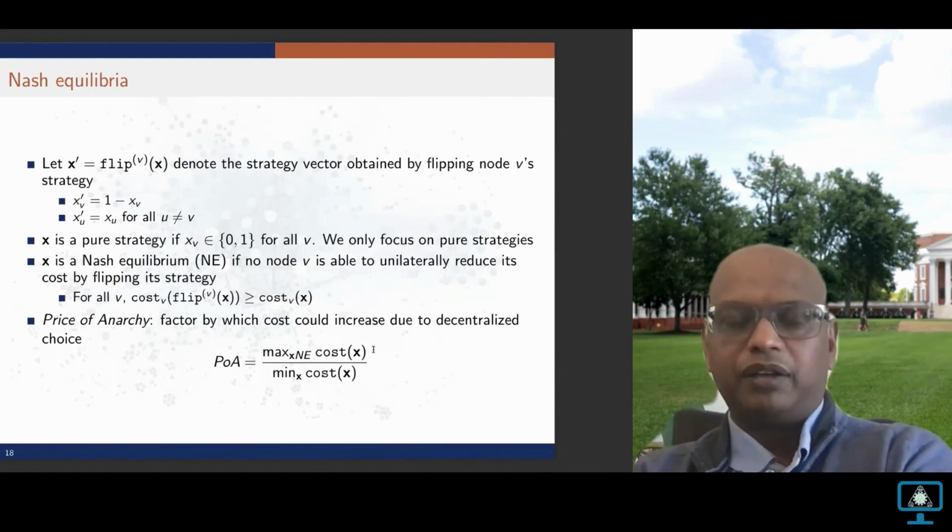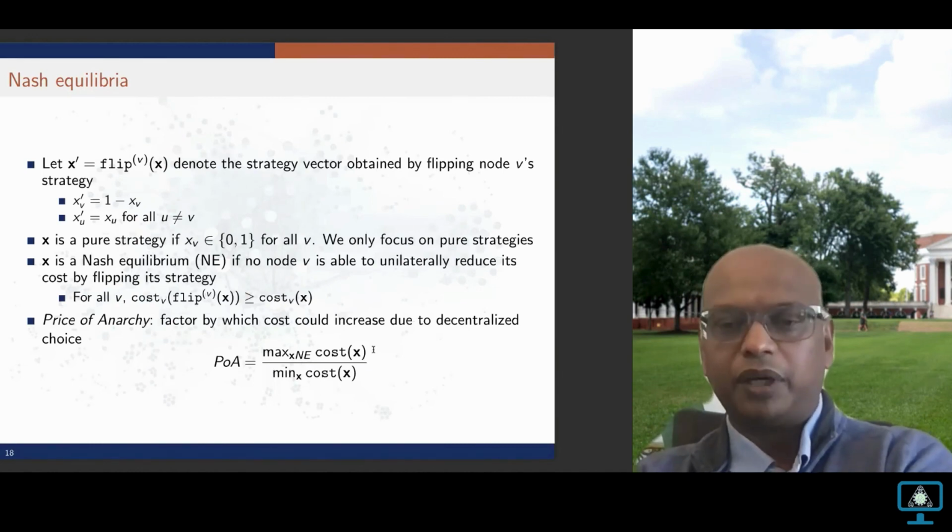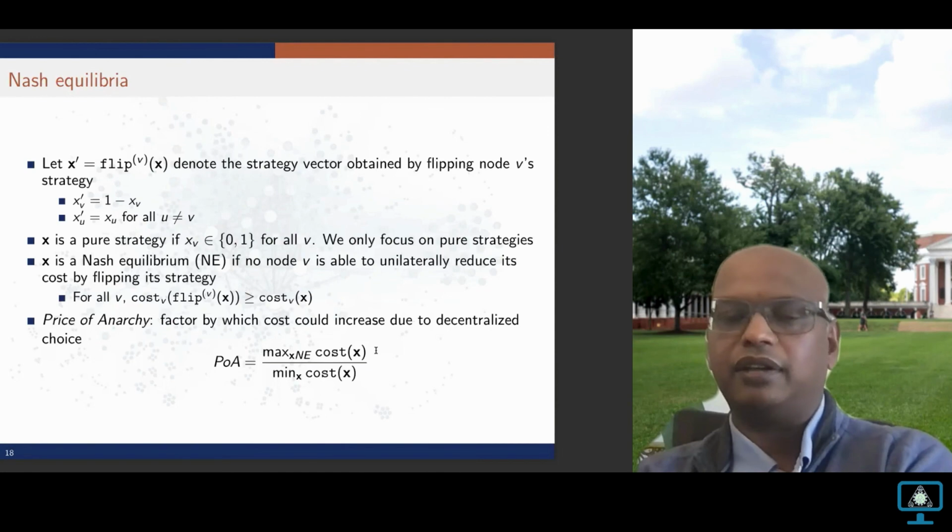But if people are going to behave in a decentralized manner and the solution is a Nash, then the cost might become as high as in the numerator. So the max over all Nash, the largest cost, and the price of anarchy is that ratio.